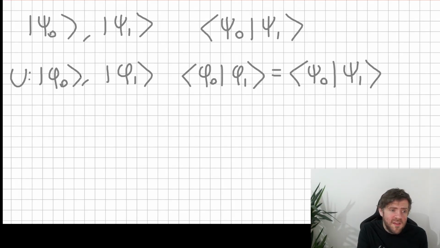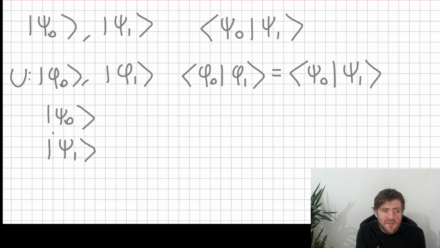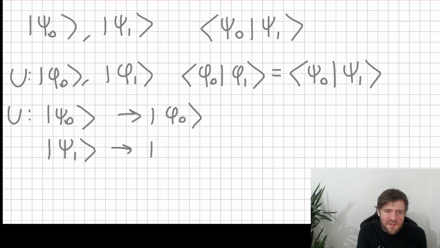So what this means is that if psi 0 and psi 1 are, for example, orthogonal, if they represent a basis which we can use to describe our system, then the new states that we get out of these, the phi 0 and the phi 1, will also represent a basis.